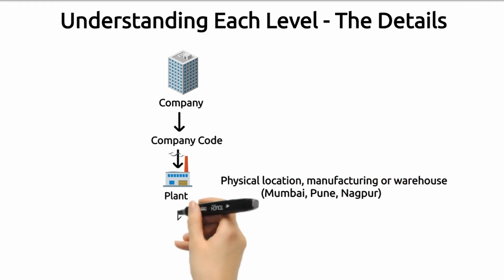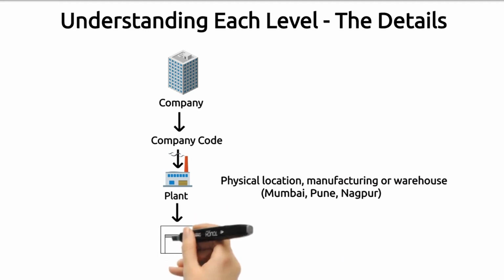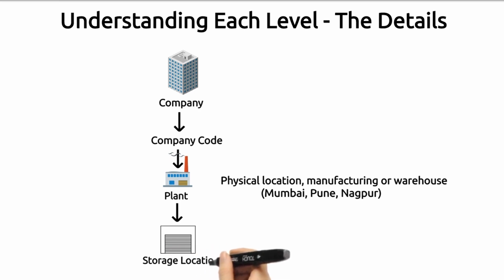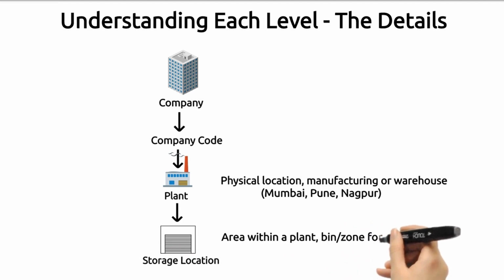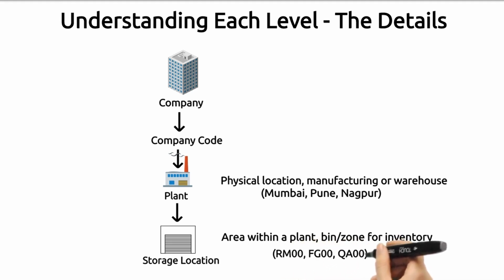Level 4, Storage location. Within a plant, you have storage locations. This is the most granular level we're discussing today. It's a specific area, bin, or zone where materials are stored. Pune plant has 3 storage locations: RM00 for raw materials, FG00 for finished goods, and QA00 for quality assurance stock.